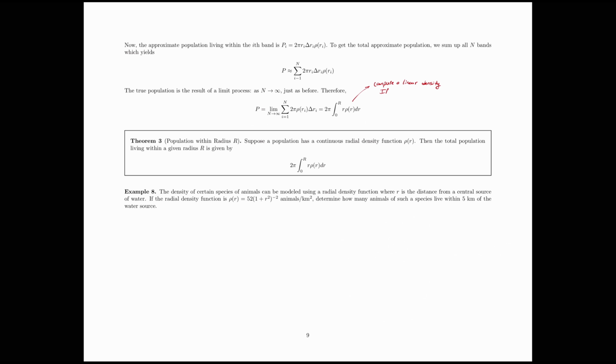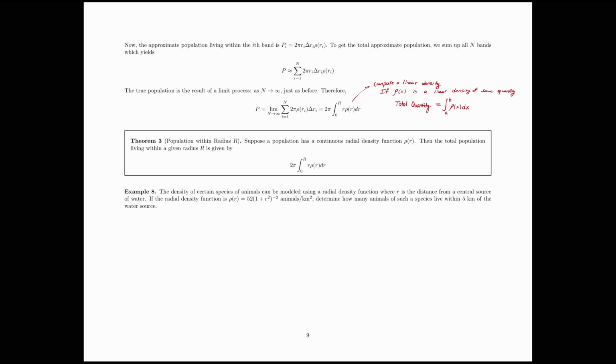If rho of x is a linear density of some quantity, population, mass, electric charge, whatever, then the total quantity is the integral, with some bounds a to b, of just your density function.